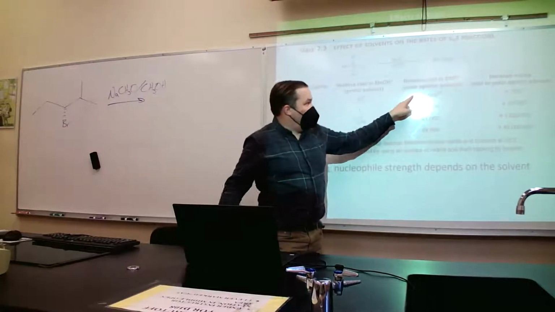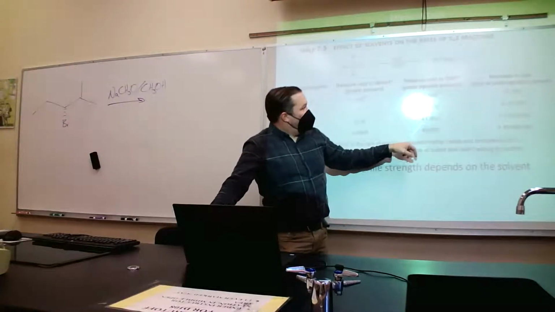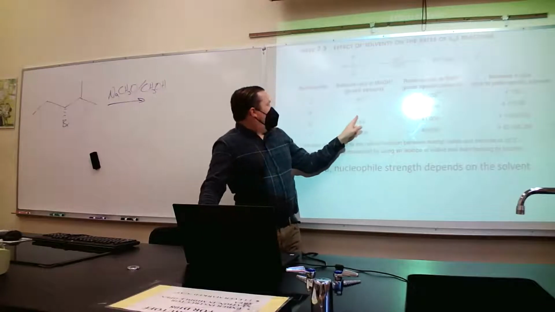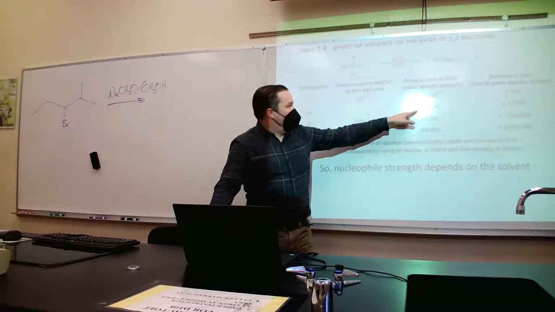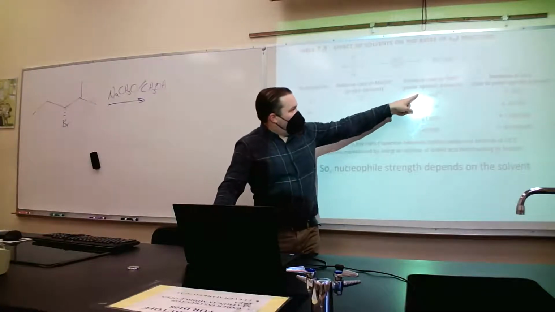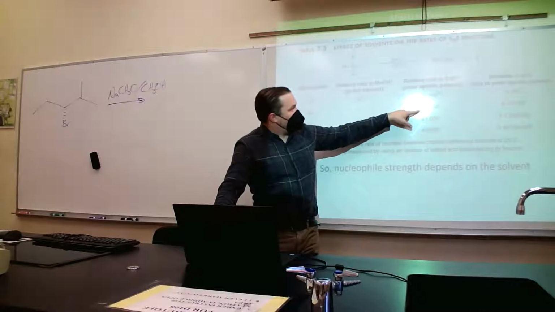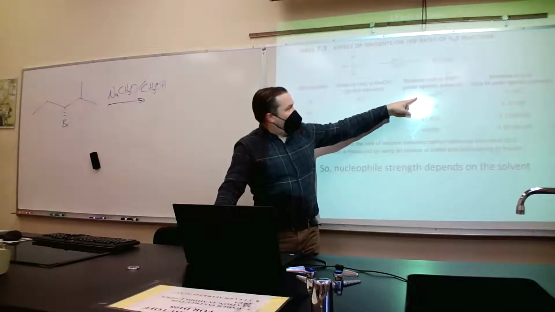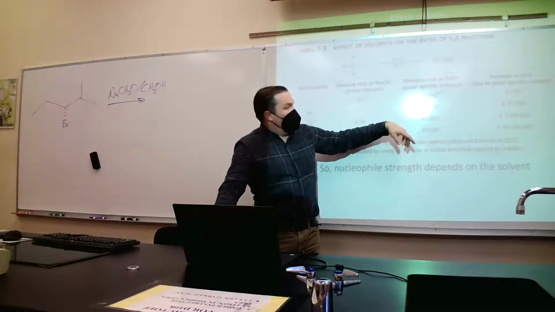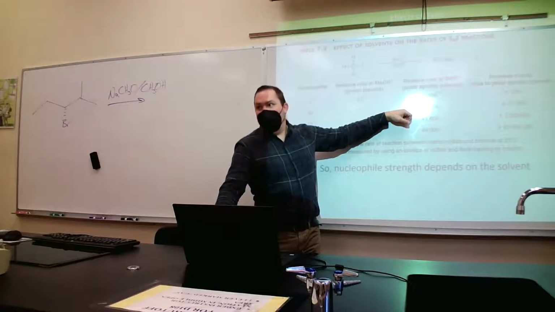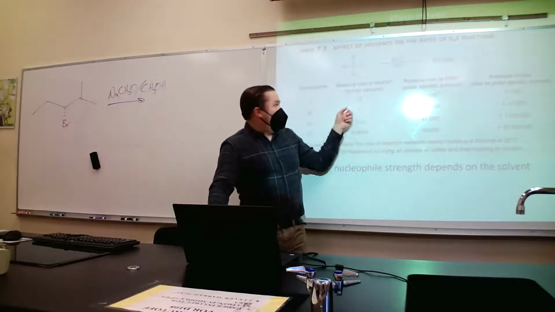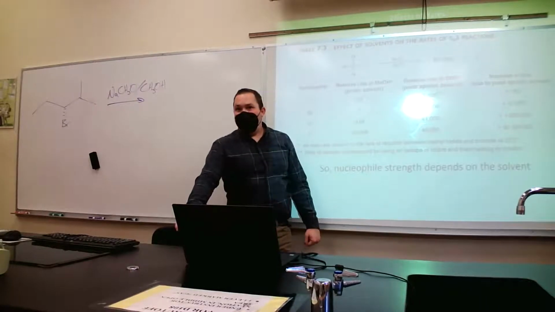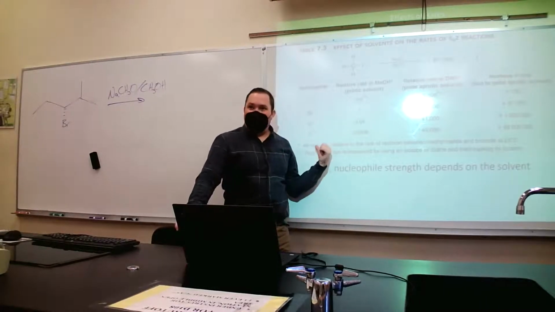If we do it in DMF, we see the exact opposite. Bromide itself goes 20,000 times faster. And relative to the bromide, the iodide is now about 3 times slower, where it was 40 times faster. Right, so everything gets flipped.